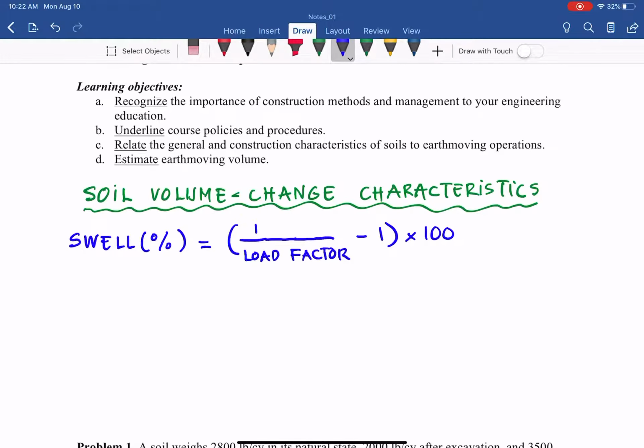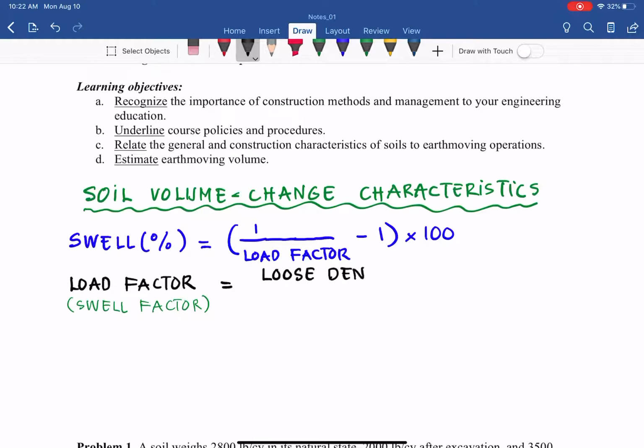And what is load factor? Or also called swell factor. Load factor, also known as swell factor, equals loose density divided by bank density.